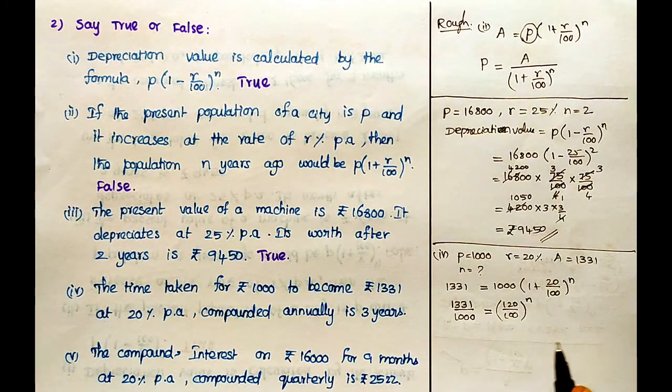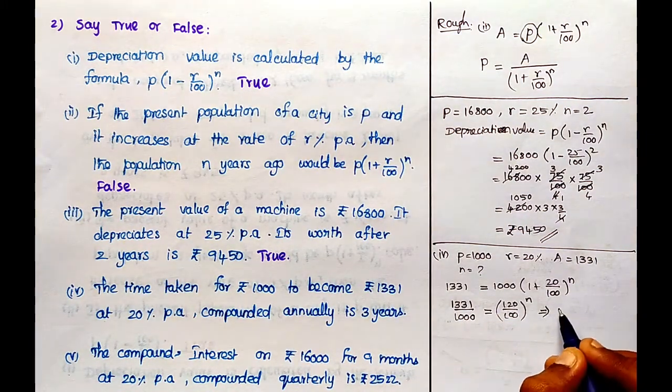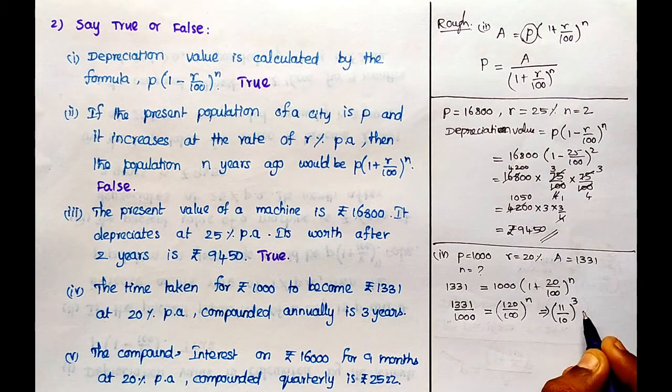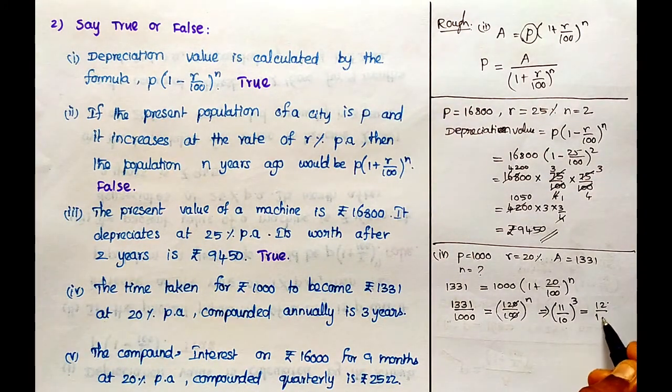Listen here. 1331, that is 11 cube, divided by 10 into 10 into 10, whole power 3, equal to 120, 0 cancel, so (12 by 10) power n.